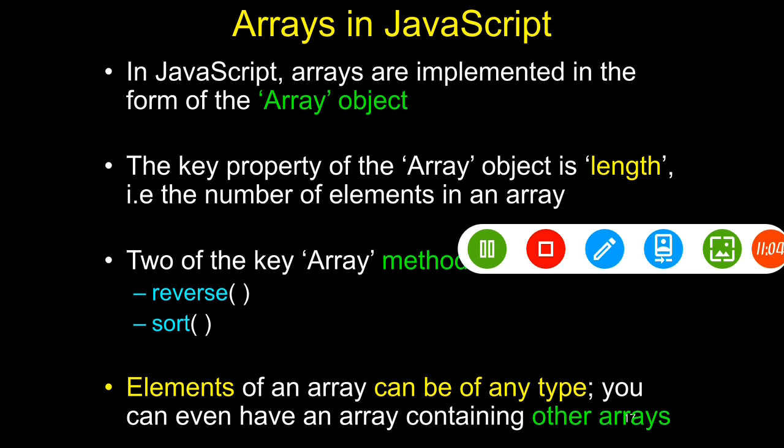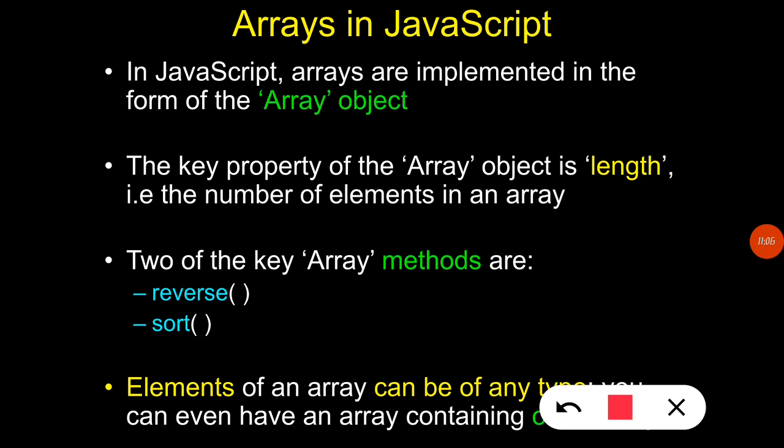Okay, so in JavaScript arrays are implemented in the form of an array object. As I told, JavaScript is entirely based on objects. Instead of creating a class, we are directly creating the objects. That's why arrays are implemented in the form of an array object. And see here, the key property of the array object is length.